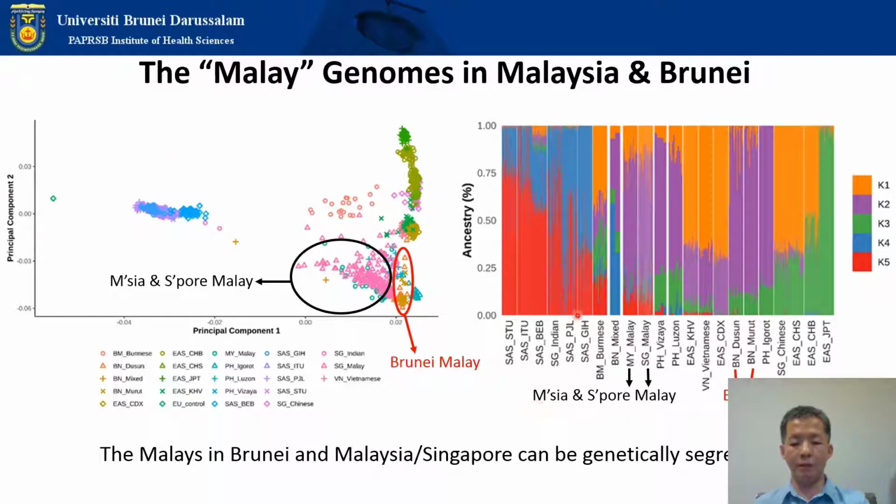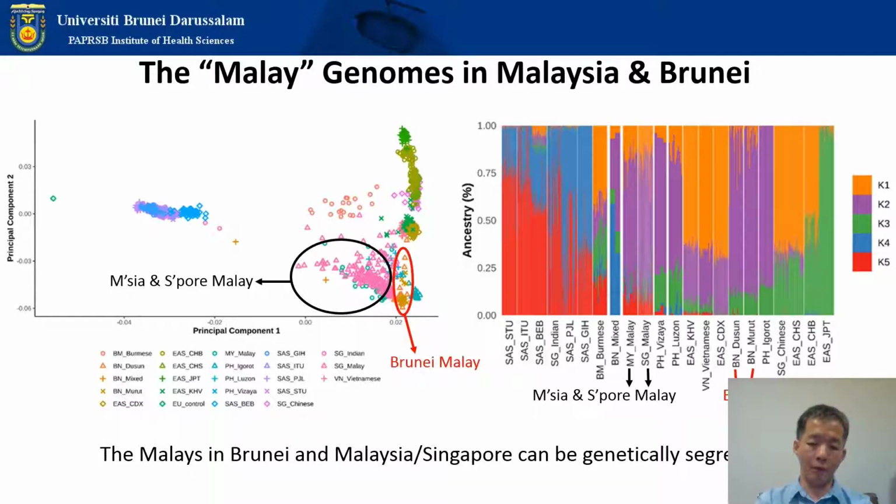And of course up here you have the East Asian population groups and the Indians from the Indian subcontinent, and then the Europeans. So in fact, if you look at this admixture plot here, it is very obvious that the Malays in Brunei actually contain more genetic material from East Asia than the Malays in Malaysia and Singapore.